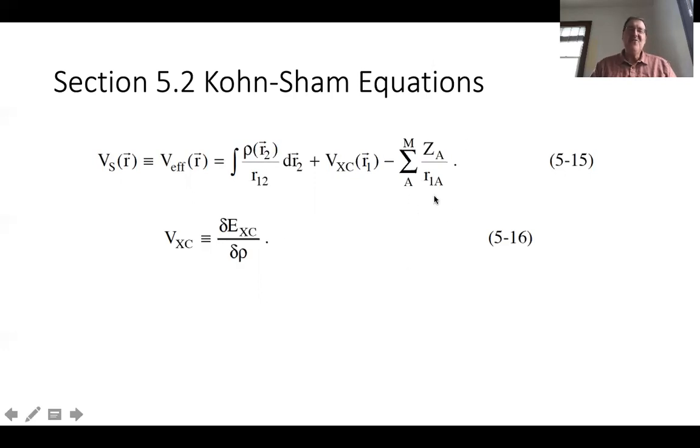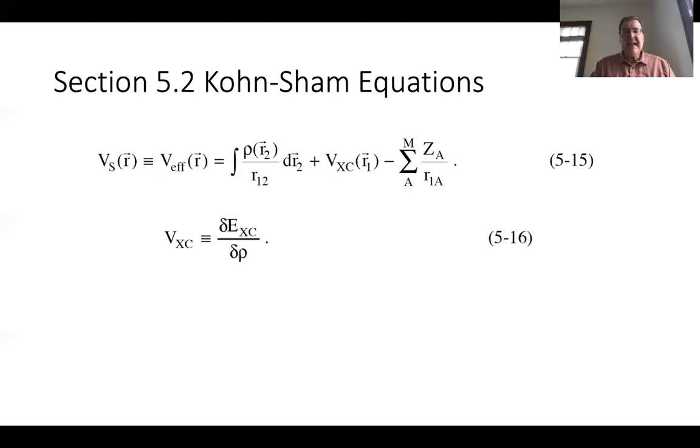Here's the attraction to the nuclei. And here is then the piece that's added that is going to fix it all up. That's going to put back in exchange, back in correlation, back in the self-interaction correction. And it is defined as the functional derivative of EXC, whatever that is, with respect to changes in rho. So that's what you need.